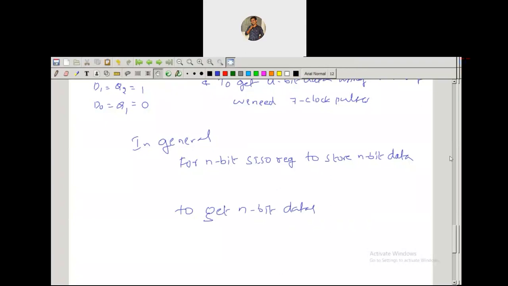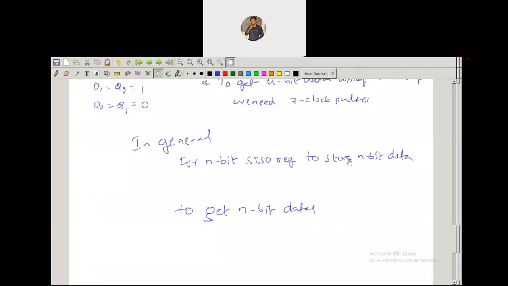You just generalize by using 4 bit. We need 4 clock pulses to store the data. Well done. 2n minus 1 is to get the data. And what about to store the data? n clock pulses to store the data.